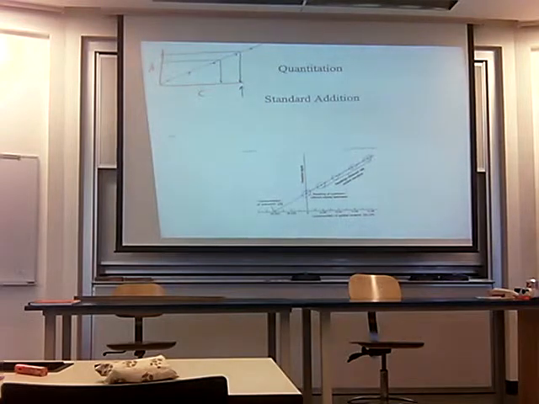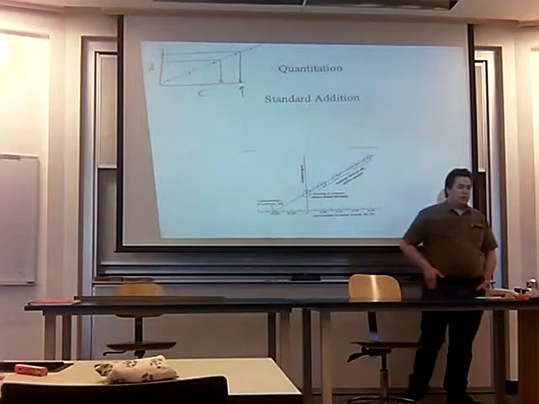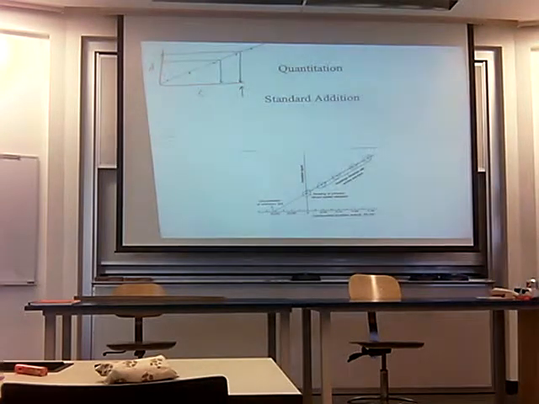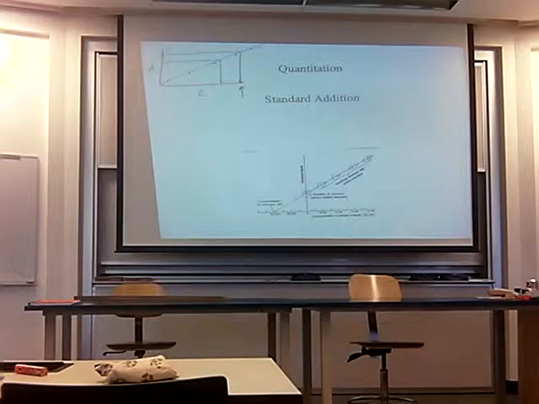If that's the case, they all have the same amount of unknown, therefore the same amount of matrix, therefore the same matrix effect, and they've all been diluted to the same amount, then that effect of the matrix will be the same amongst all of them, and we're essentially subtracting it out.